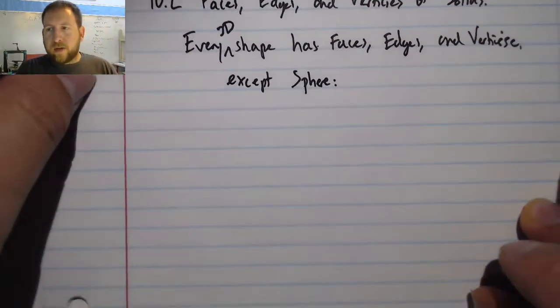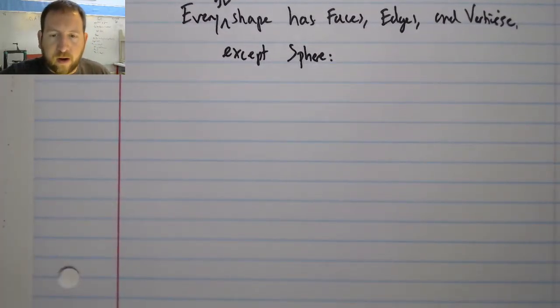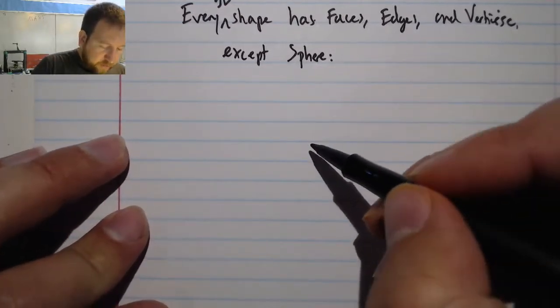And we're going to take a look at a quick example, and we're going to do some labeling of where these things are on the shape. So let's rebuild that cube that we had last time.